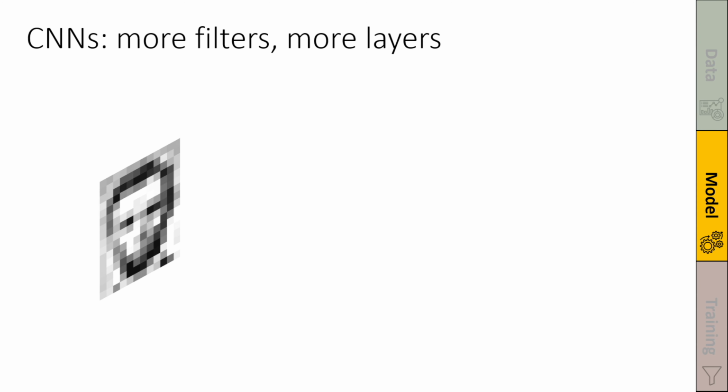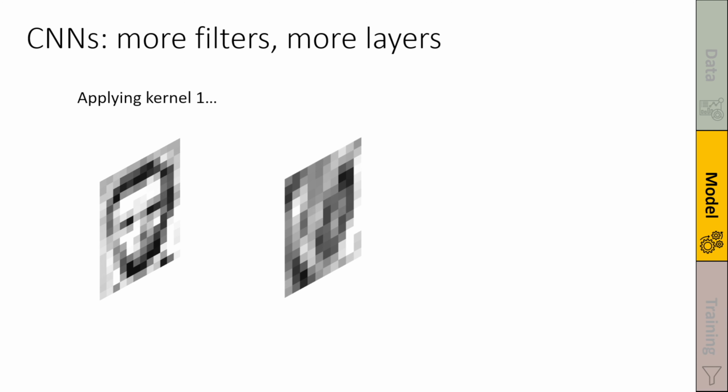Okay, so far we learned about the convolution operation, we also learned about filters and activation maps. But how do we create convolutional neural networks? Well, basically use more filters and more layers. So let's create one together. We have our image here, and let's go ahead and convolve the kernel with it, covering the whole image, and that results in a single activation map.